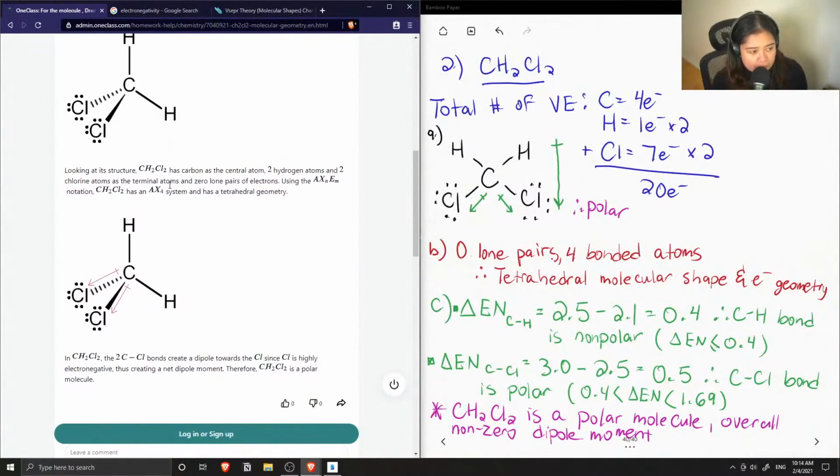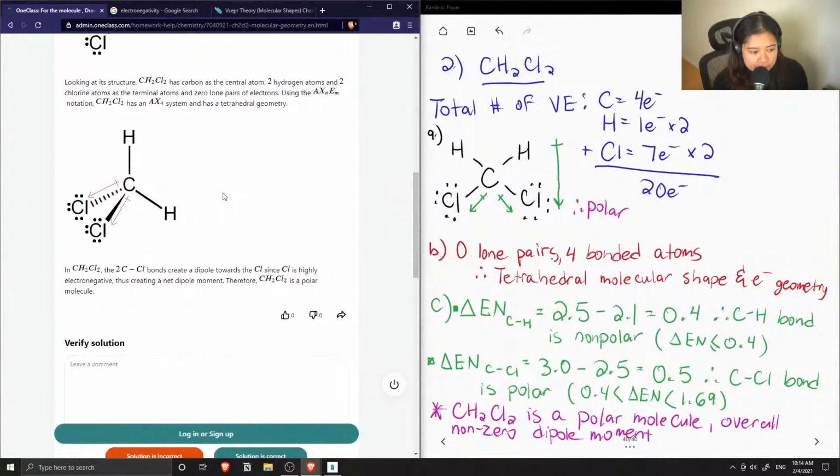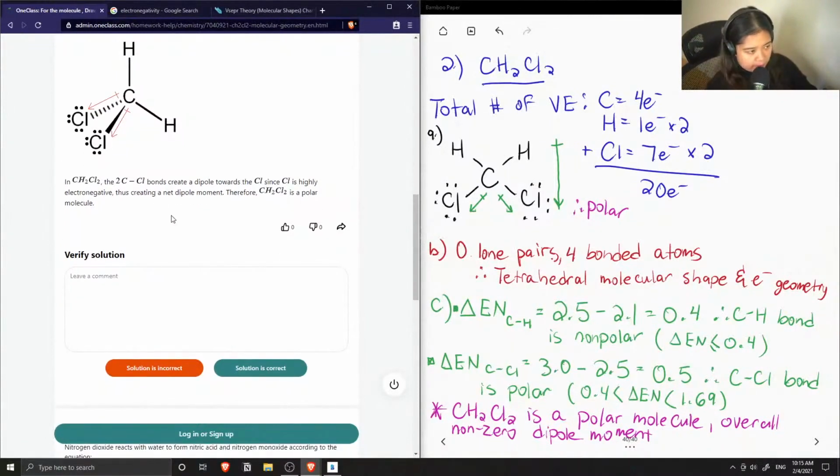And looking at its structure, CH2Cl2 has a carbon as the central atom, 2 hydrogens, 2 chlorines, so it has a tetrahedral geometry. And because the 2 chlorine bonds create a dipole moment towards chlorine, since chlorine is more electronegative, this creates a net dipole moment. Thus, we have a polar molecule. Okay, so this solution is correct.